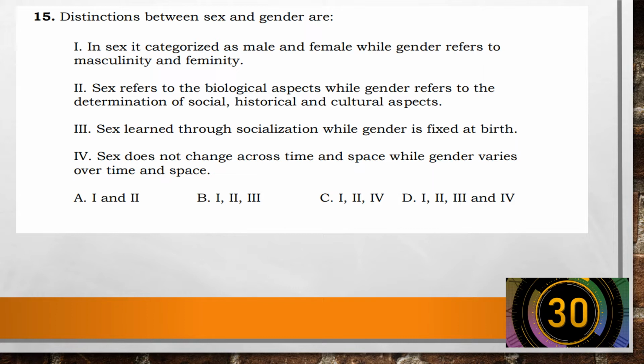Sex is learned through socialization, while gender is fixed at birth. 4th, sex does not change across time and space, while gender varies over time and space. Letter A, 1 and 2, B, 1, 2, and 3, and letter C, 1, 2, and 4, and letter D, 1, 2, 3, and 4. Your time starts now.